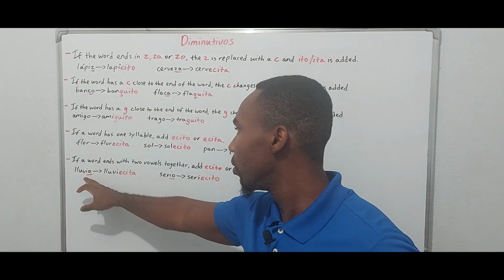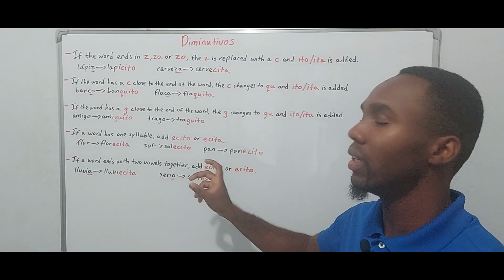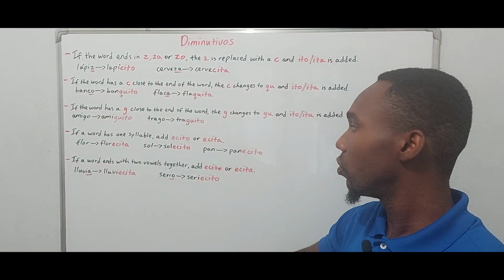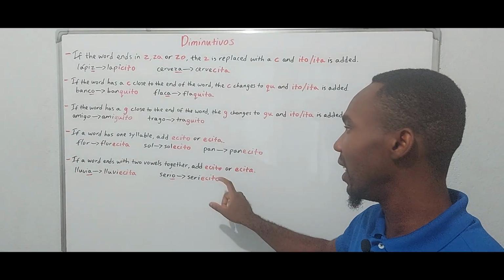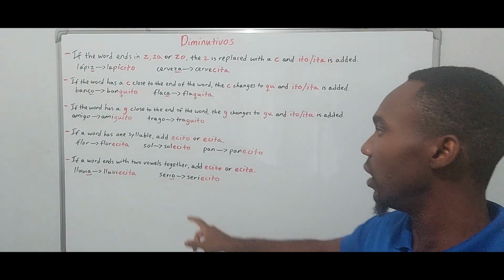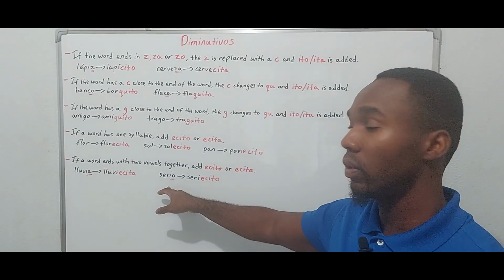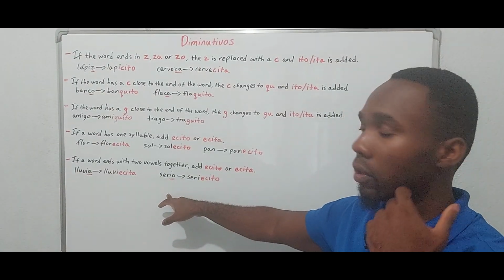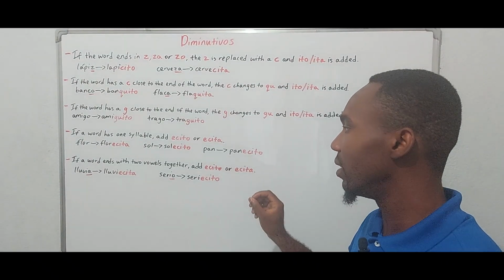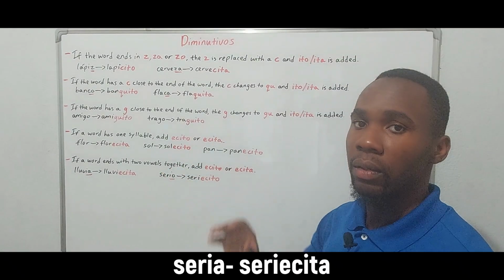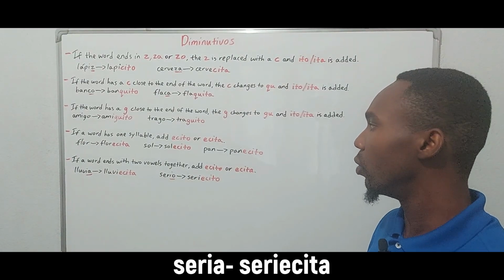We remove the last vowel and then we add the ending that corresponds to the gender. So serio becomes seriecito because we remove the O and then we add the ending. If it were feminine, it would be seriecita, and the original form would be seria.